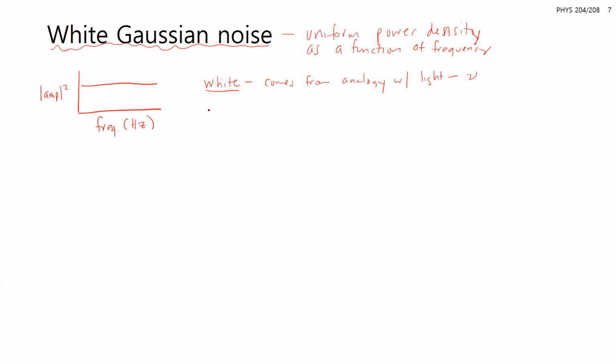The Gaussian portion comes from plotting this noise in the time domain. If you bin all of the values and look at the distribution, it will form a Gaussian, or a normal distribution.